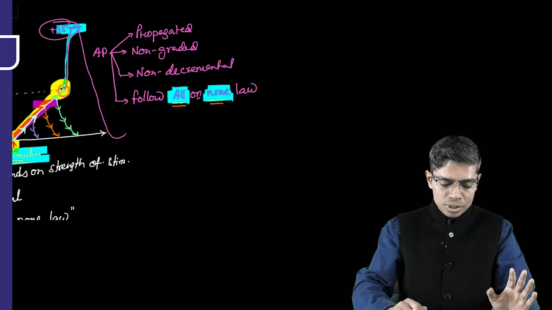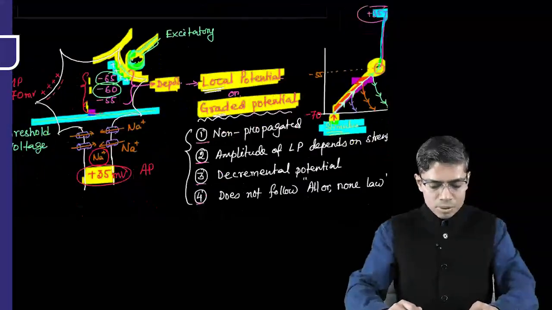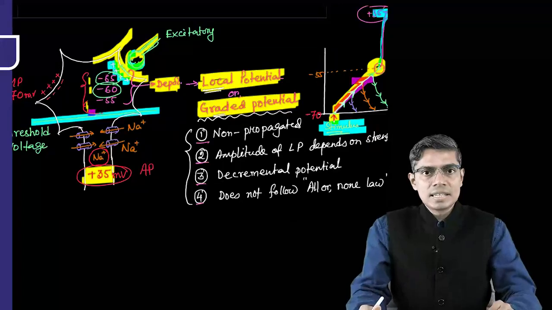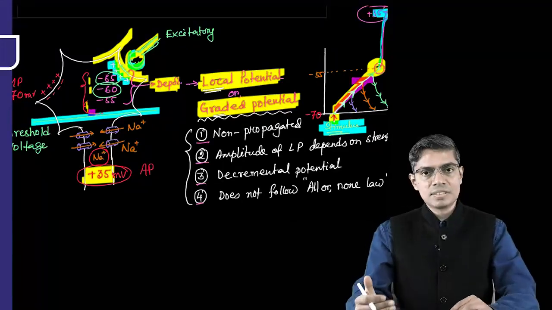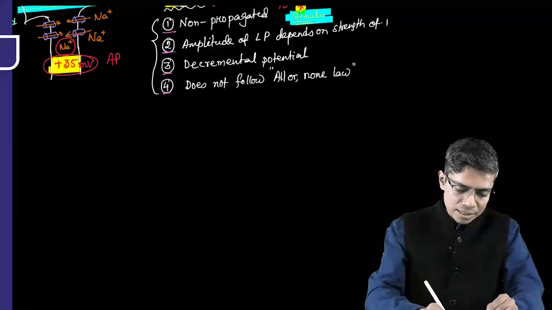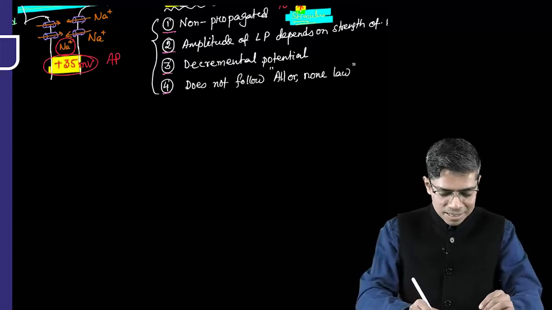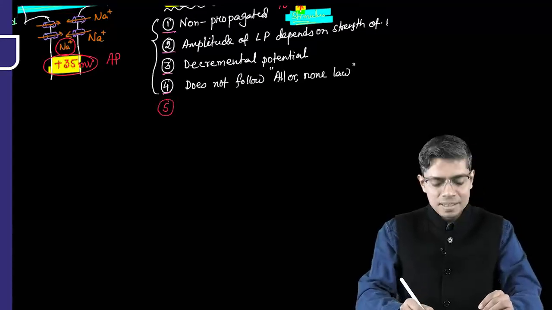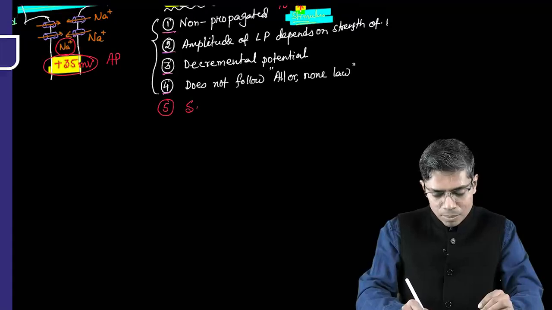So got it? This is the concept of local potential or graded potential, and how the action potential is generated from there. Now, another property of the local potential, which I have not discussed yet, is summation of local potential.